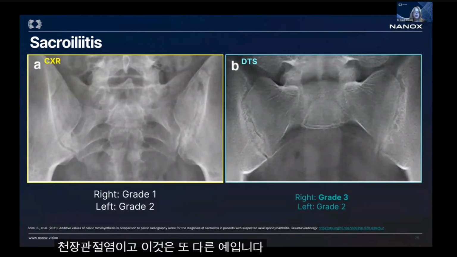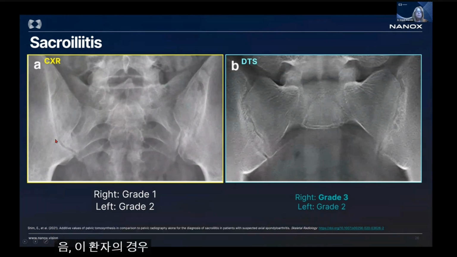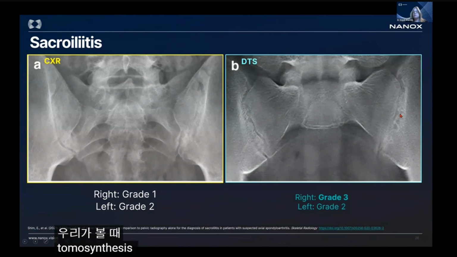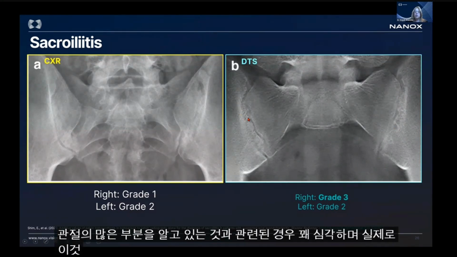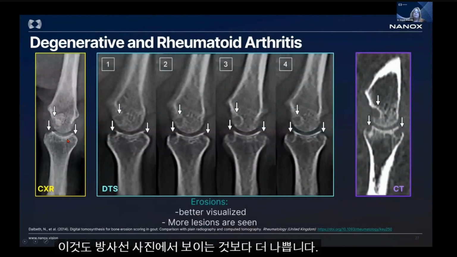And this is another example. In this patient, you would say that maybe there's mild sacroiliitis here and moderate on this side, but when you look at the tomosynthesis, this is pretty severe. Look, it involves a large portion of the joint, and actually this one is also worse than it looked on the radiographs.